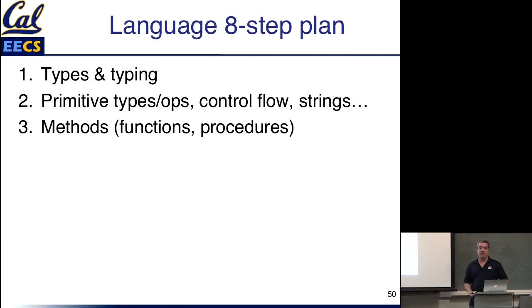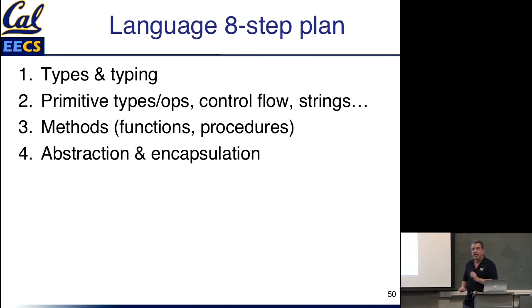How do you define functions? Functions are a basic building block in any imperative object-oriented language. So how do you deal with things like parameters, things like return values? How does scope work inside of a function? Abstraction and encapsulation. How can you hide data? How can you group together items of data and operations you can do on those data?